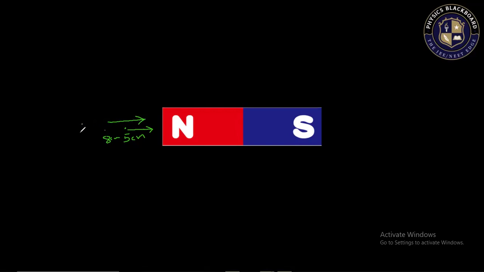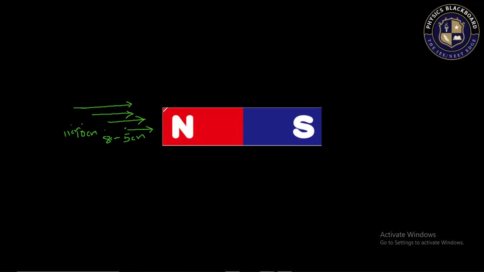Now it is kept at 10 centimeters, and in this case also the iron gets attracted towards the magnet. But when I keep it at 11 centimeters, it is not attracted towards the magnet. What does it mean?